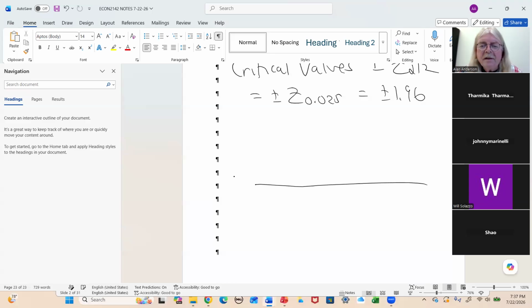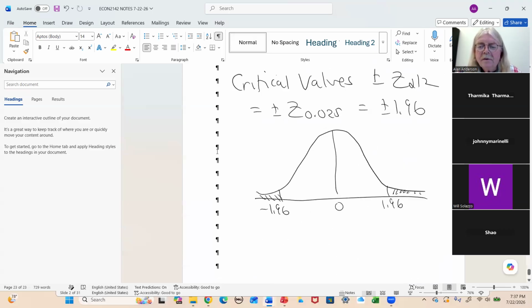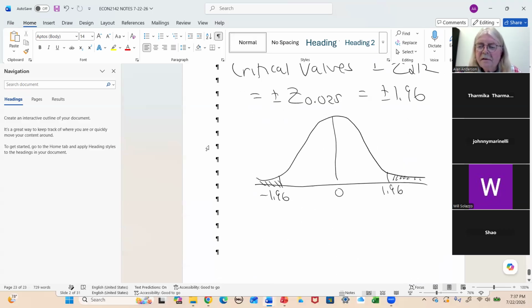So we're going to lean on our memories. All right, but the 3.64, that's way out here. So therefore, we clearly reject the null that the proportions are equal in favor of the alternative that they are not equal.